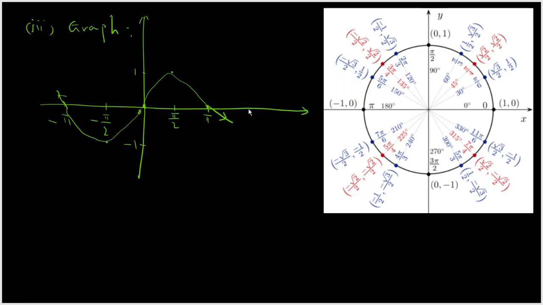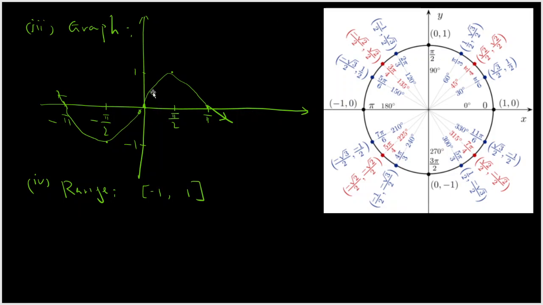Alright, so we did the graph. Lastly, we're looking for the range of the function. Anybody want to tell me the range? After getting the graph, you see the range. Yeah, the closed interval in between -1 and 1. So that is the range.